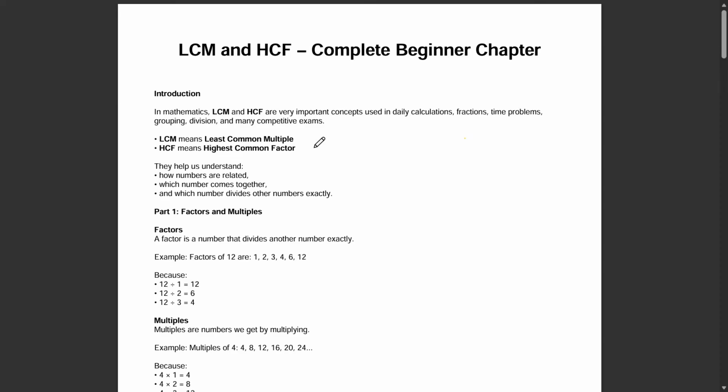Okay, so LCM means least common multiple. LCM means least common multiple.